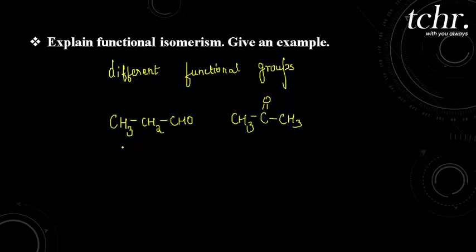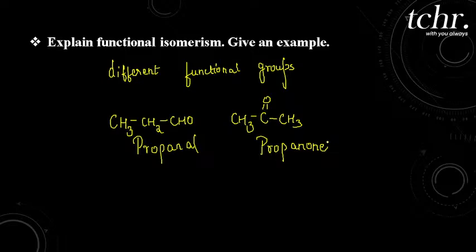Here is propanal, correct? An aldehyde group is present, so it is propanal, right? Now what is this then? Which functional group is present? Ketone group. So you add the suffix -one. So this is propanone. So students, one is aldehyde, propanal, and one more is ketone, propanone.